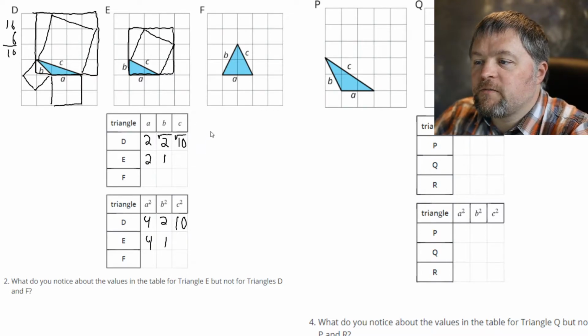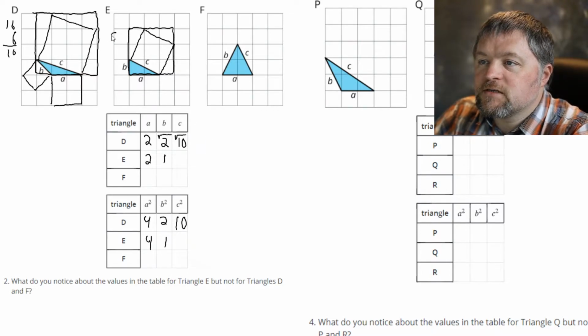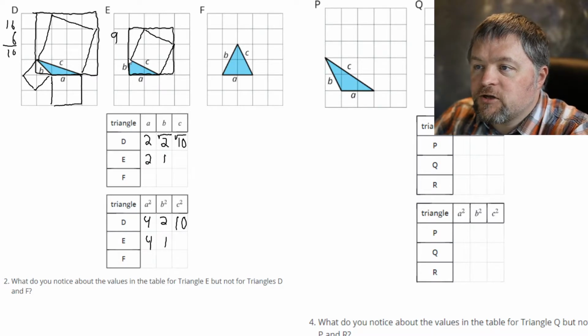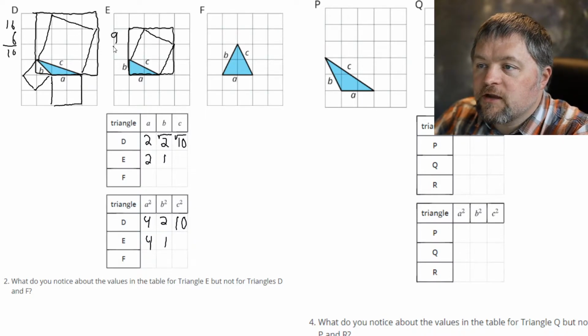That is 3 by 3, which is 9 units. Each of these triangles around it is 1 unit by 2. 1 times 2 is 2. Over 2 is 1. 1, 2, 3, 4. So the area of those outer triangles is 4.